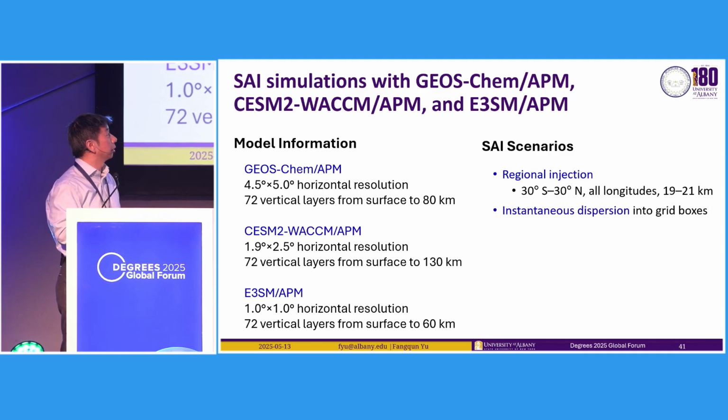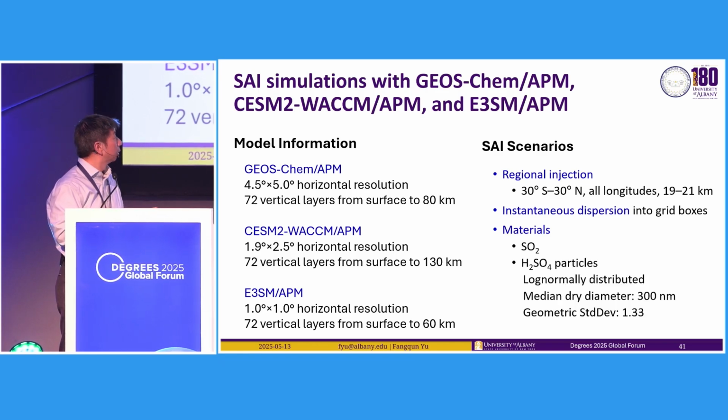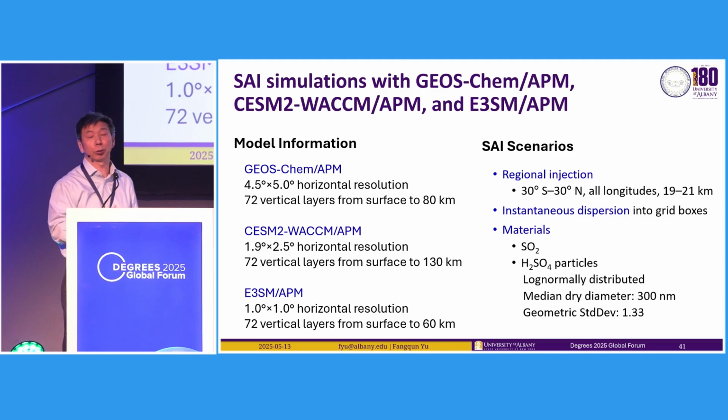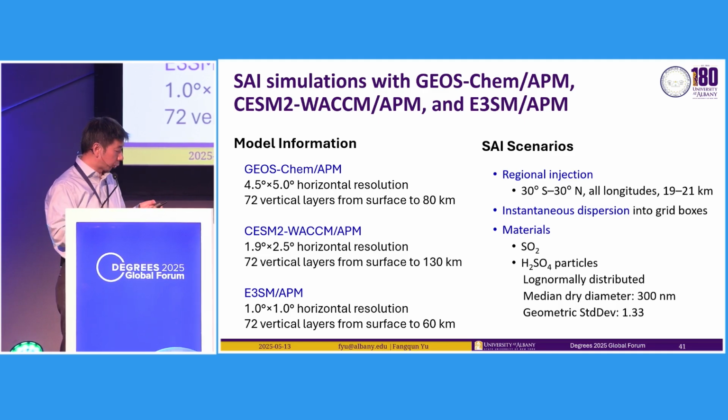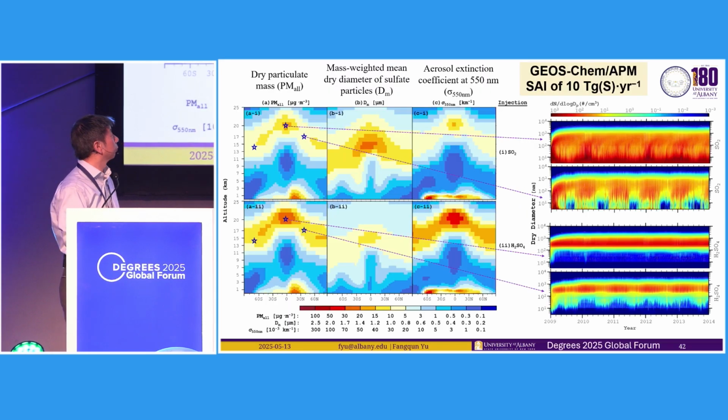We use instantaneous dispersion in the grid box, so the subgrid plume process is not considered yet. We consider 2 materials, SO2 gas and also sulfuric acid particles. For the particles, we assume a lognormal distribution with a median diameter of 300 nanometers. And we see how the model shows the efficacy.